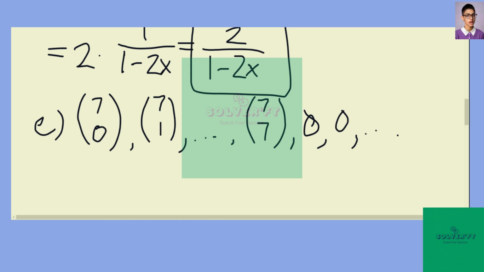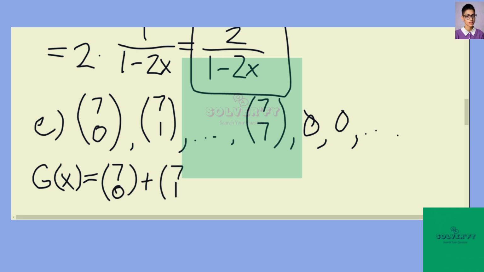The generating function for this sequence is g of x is equal to 7 choose 0 plus 7 choose 1 x plus up to 7 choose 7, and this is x to the 7th.